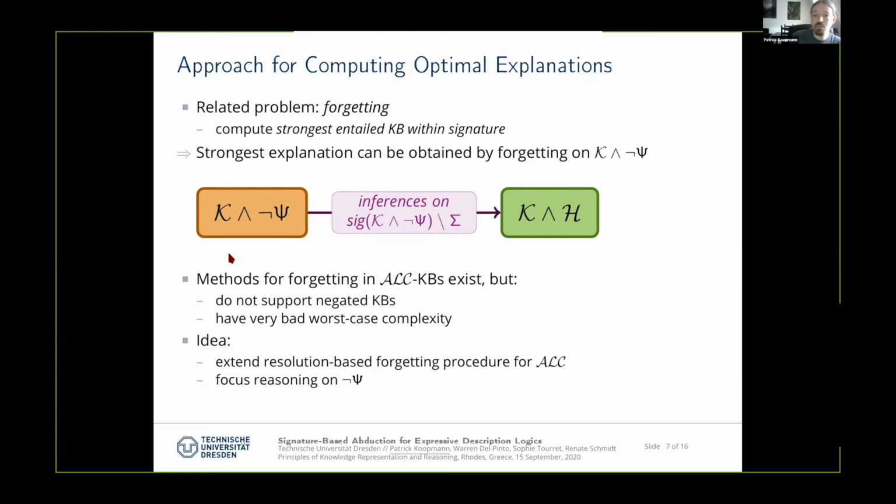So our approach was to use a resolution-based forgetting for ALC and extend it to the setting. And second, to make it practical, to come up with a reasoning procedure that focuses inferences on the negated observation and ignores the knowledge as much as possible.